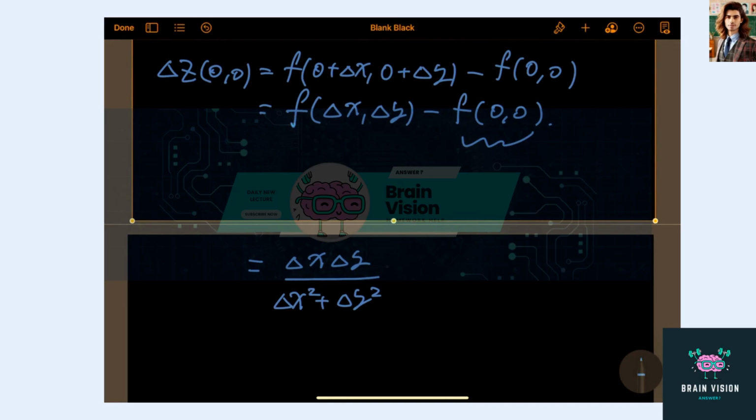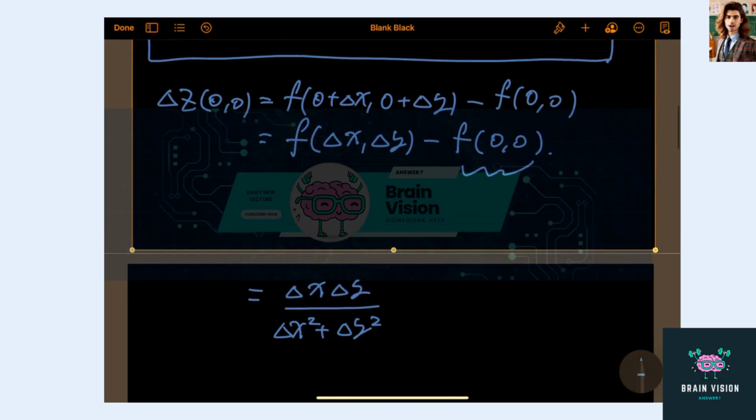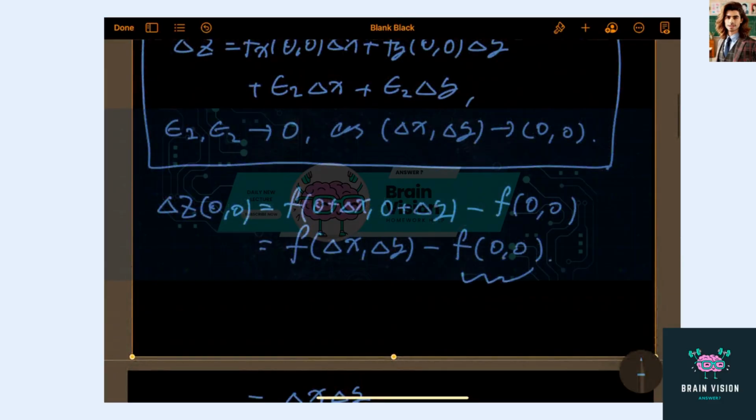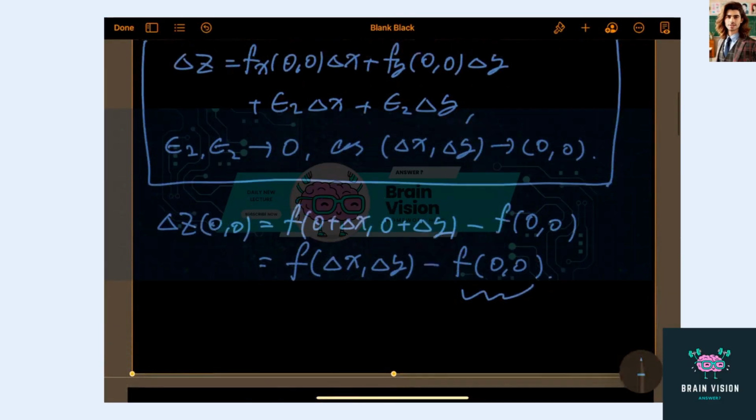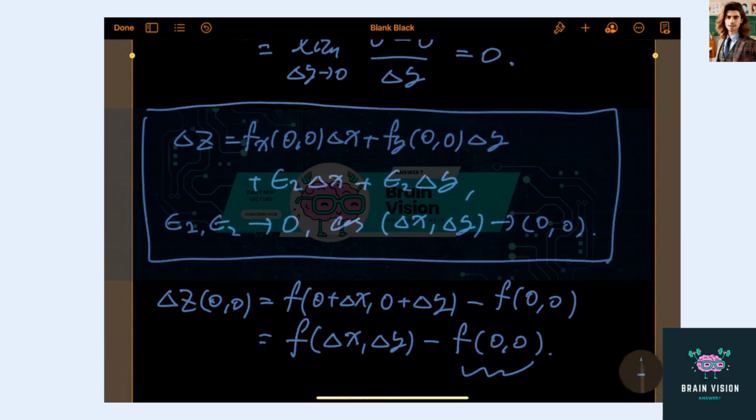And as I said, in order for a function f to be differentiable at the point (0, 0), we need to have epsilon 1 and epsilon 2 that go to 0 as delta x and delta y approach (0, 0).